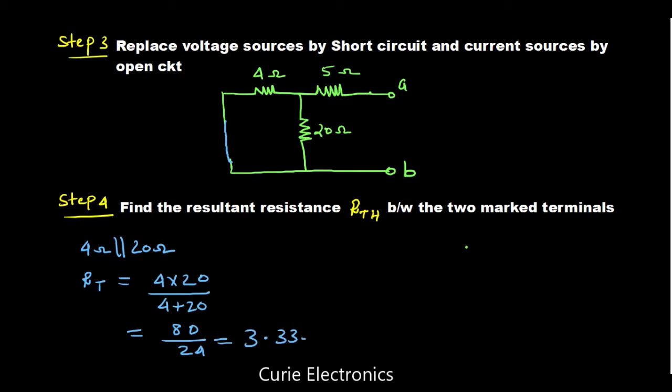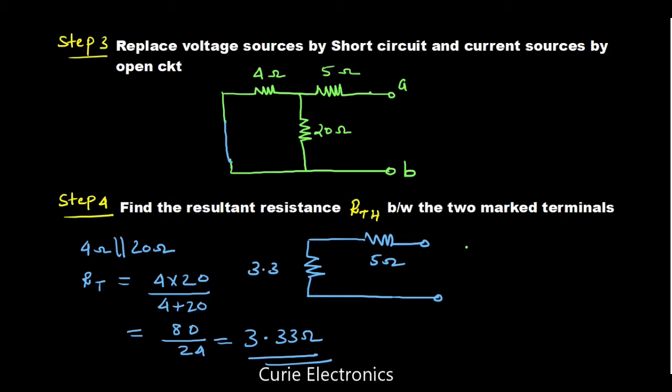3.33 ohms we got. But there is one more resistor in series with this parallel equivalent resistance, that is 5 ohm. So now what is the circuit? Let me draw it. We have a 3.33 ohm resistor in place of 4 and 20, and this is our 5 ohm resistor.